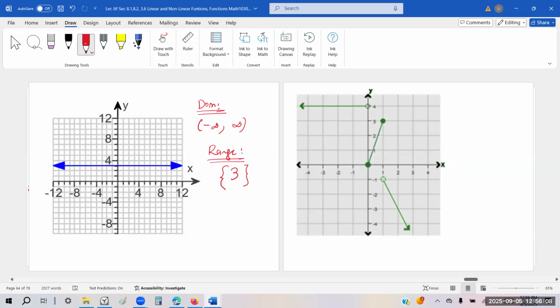But if there is a gap of numbers, like the numbers you don't see between any two numbers, then you cannot put them together. So let's start with domain. Our first piece is on the left here. And this piece is going on forever on the left side. So for this piece, what is the smallest x value we can have?